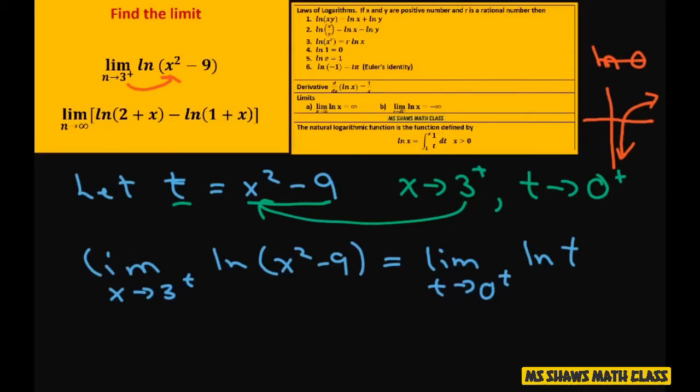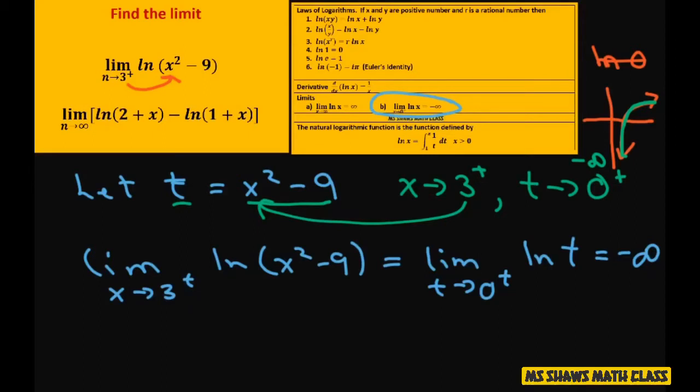And if you notice, we already have it written down right here, and that's going to equal negative infinity. And again, looking at our graph here, as we approach from the right, our limit is going to negative infinity. So that's why that rule works. So that's the answer for that.